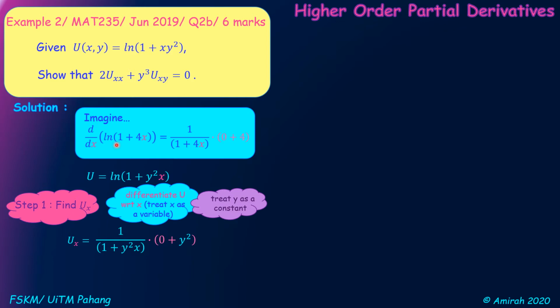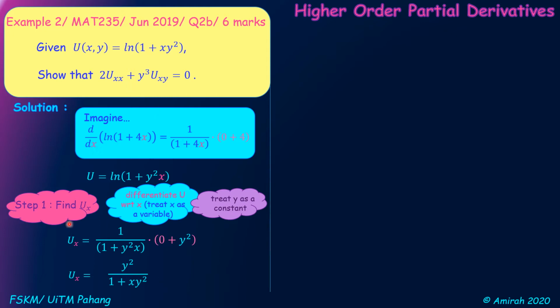So we differentiate 1 equals 0, plus we differentiate 4x equals 4. So that's why when we differentiate y²x, it becomes y², because we treat y as a constant. Right? And after that, we can simplify. So we can write y² over (1 + xy²). Okay?